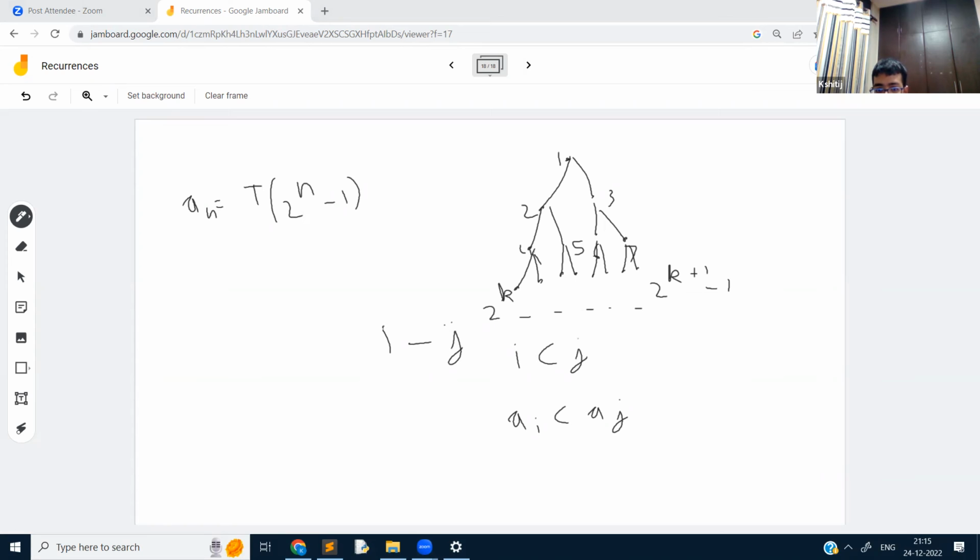Yes, it's the same problem. And now, if you notice that from node 1 to 2, there's an edge. So A1 is less than A2. And so on. By induction, we can show that A1 is less than AI for all I greater than 2.